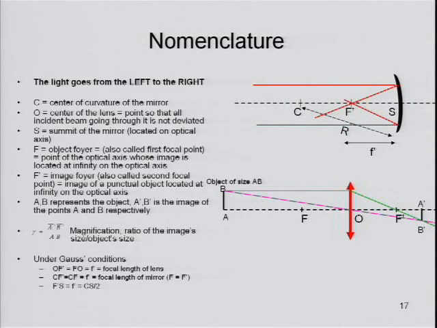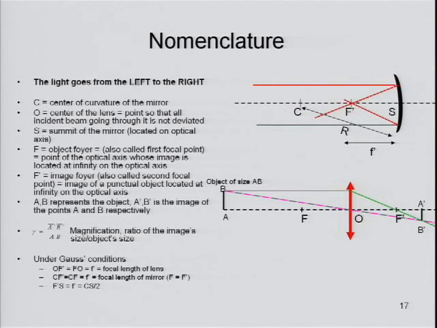Again, a couple of definitions. If I forgot in any of my drawings to mention the direction of light, it's always coming from the left to the right. And we have a couple of points to specify the different mirrors or lenses. The first point is C, the center of curvature of the mirror.